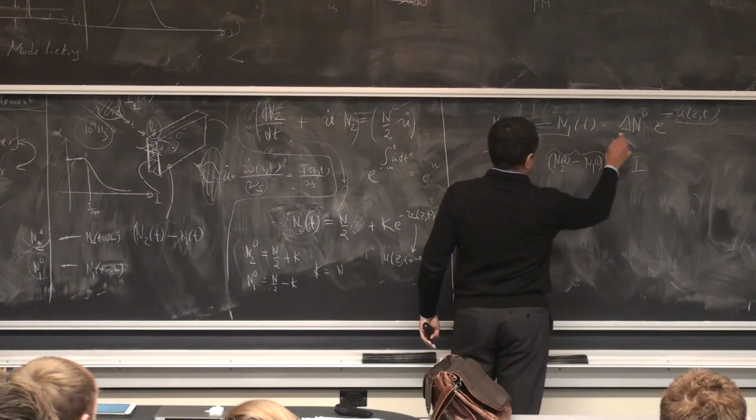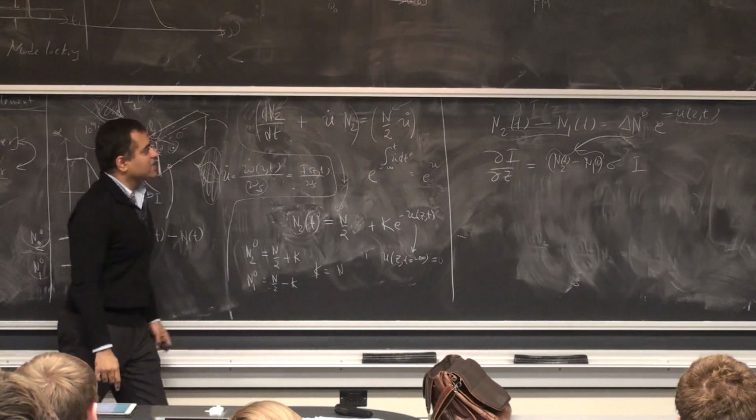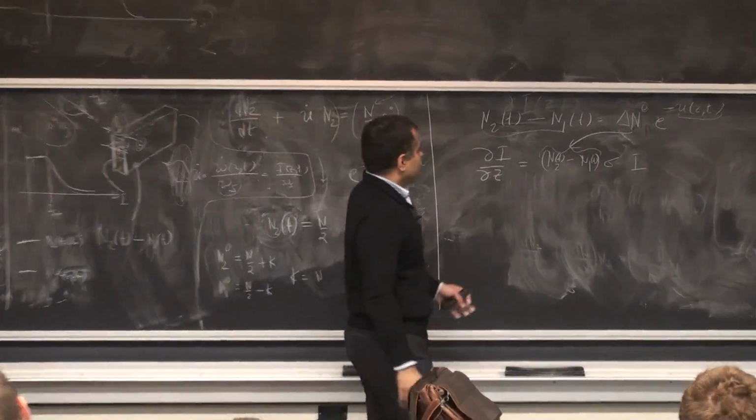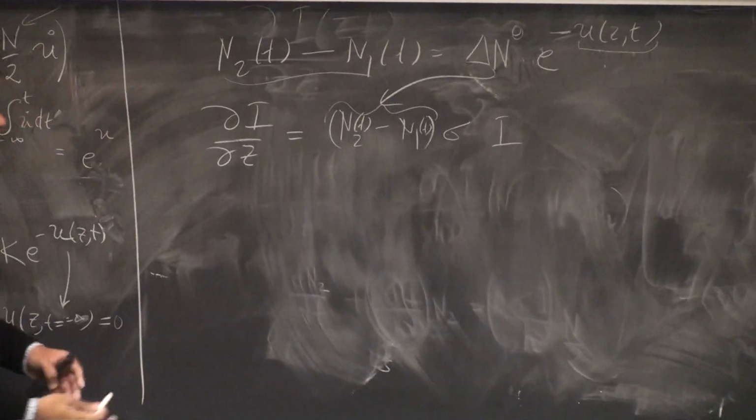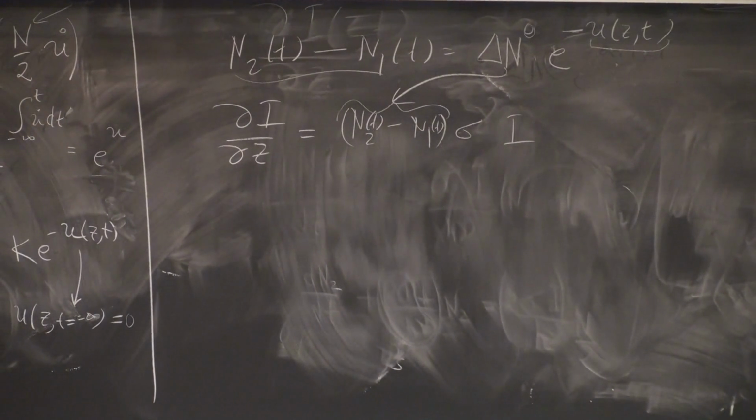I just found out what that is. So you just plop that whole thing in there and you get your equation, which is a reasonably useful equation, which is why it has a name. I think it's called the Frantz-Nodvik equation or something like that. You can look at your book.